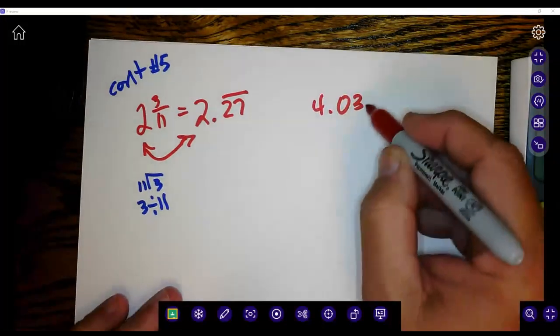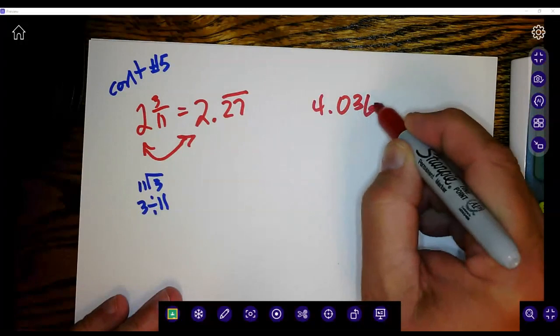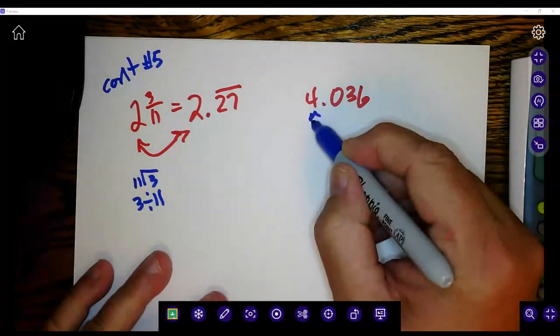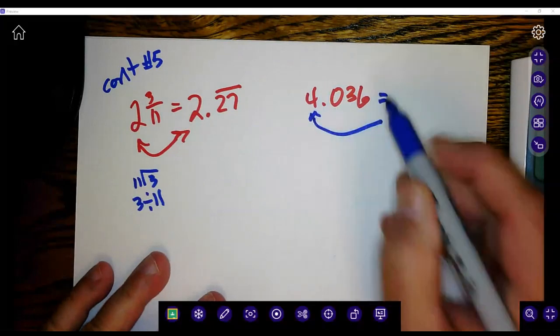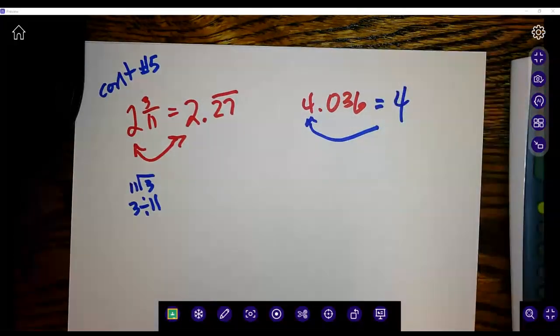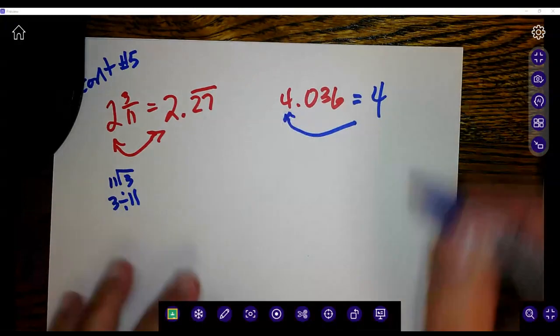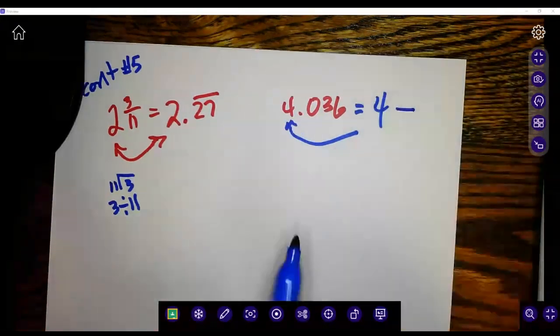If I had 4.036, I'll do that. Then this means that we're going to have 4 and a fraction. Okay, so we're going to have 4 as our whole number part, and then we're going to have a fractional part.